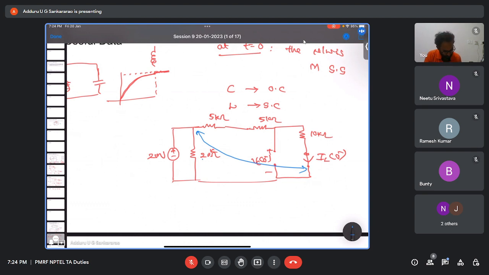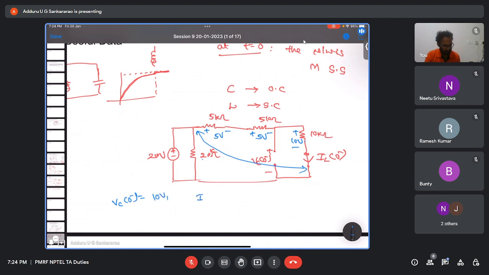Now how much voltage is distributed across this? 5 volts across this, 5 volts. Across this, 10 volts, right? Now what is Vc of 0 minus? The open circuit voltage is nothing but 10 volts.